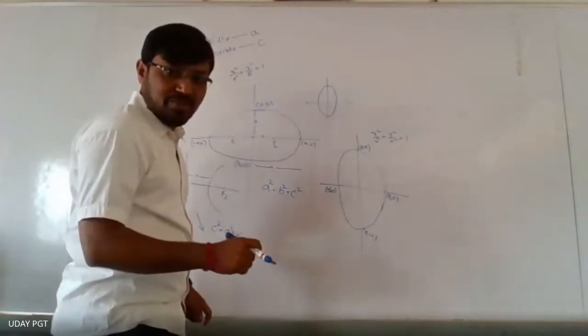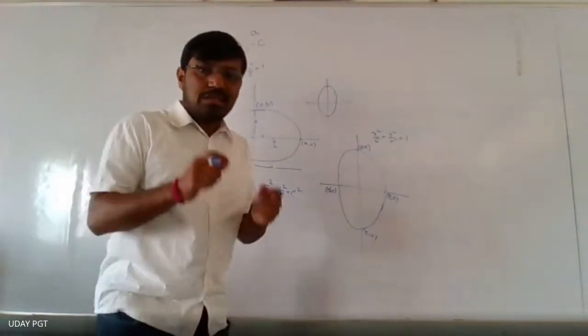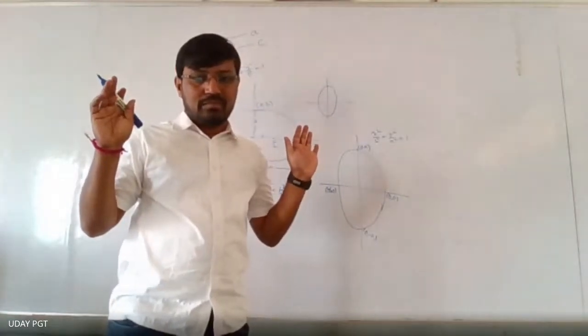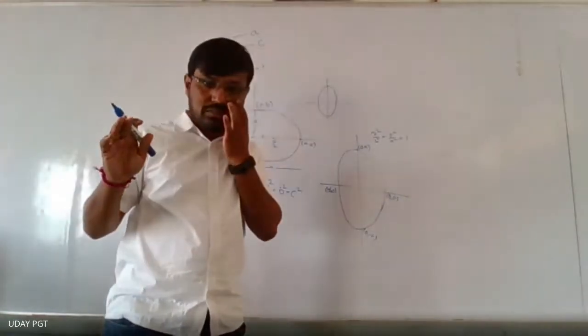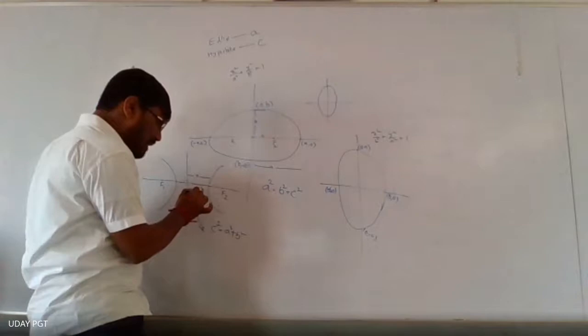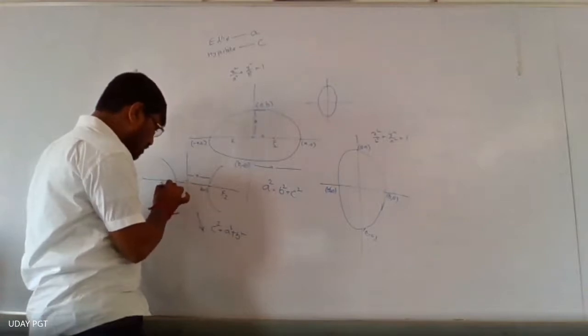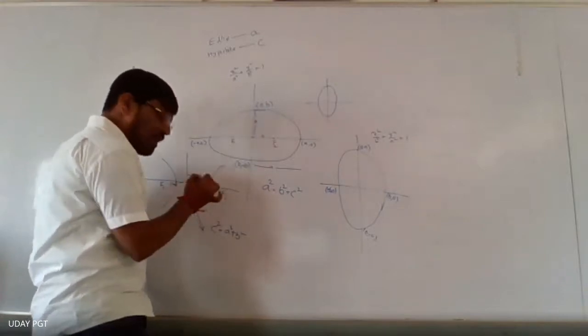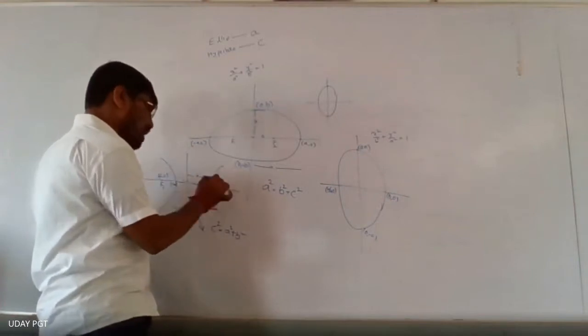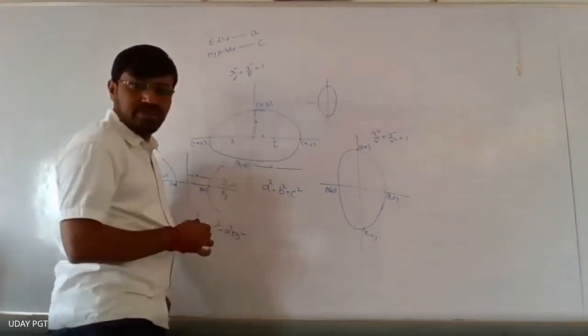As C is more, C square equals A square plus B square. Is it clear to you? Yes, sir. Now the coordinates of the vertices are A comma 0 and minus A comma 0, and the coordinates of F1 and F2 are minus C comma 0 and C comma 0.